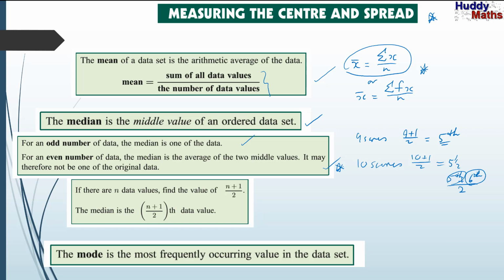Okay, so here you are. Here's the basic idea. Now we'll use a formula for either set of data, odd or even. You add 1 to it, divide by 2, and if it comes to an exact score, there it is. If you have (n plus 1) on 2 and it comes to a fraction, it's between, that's in an even case, you go halfway between that score and the next score.